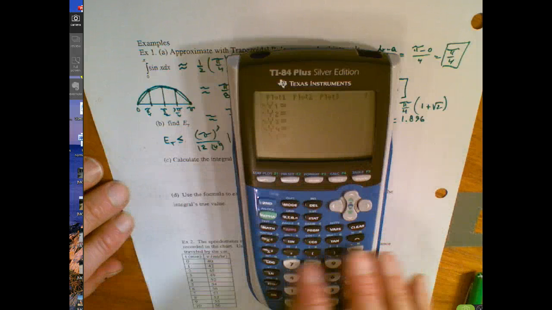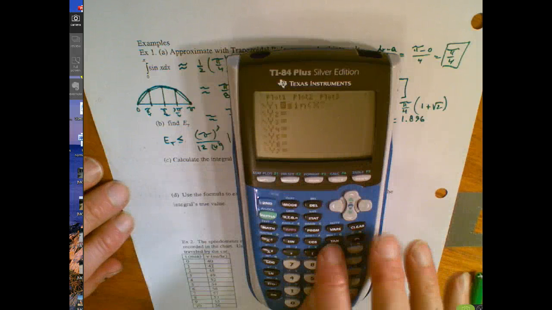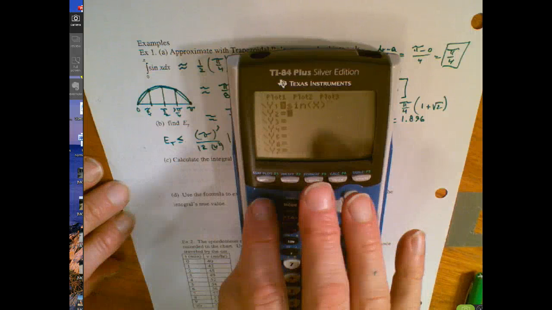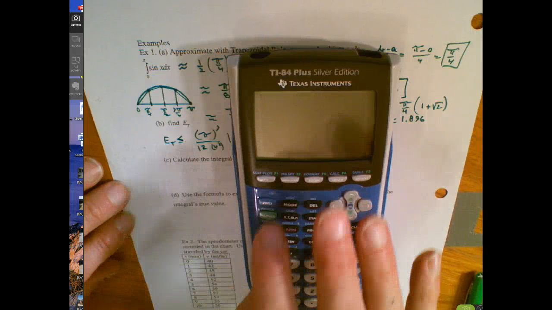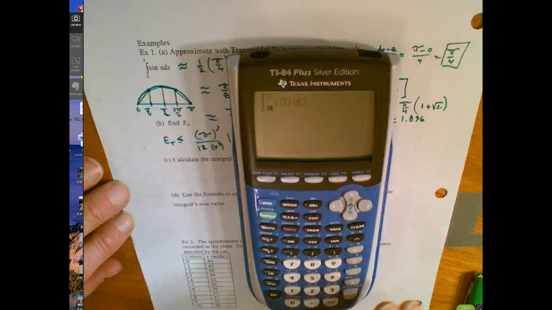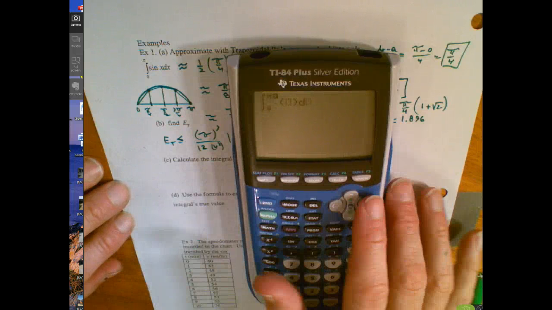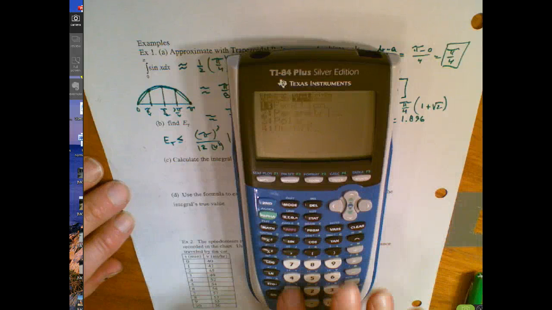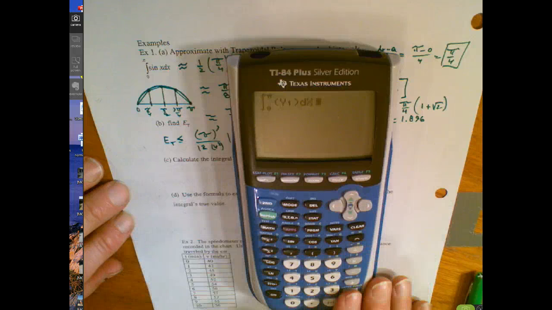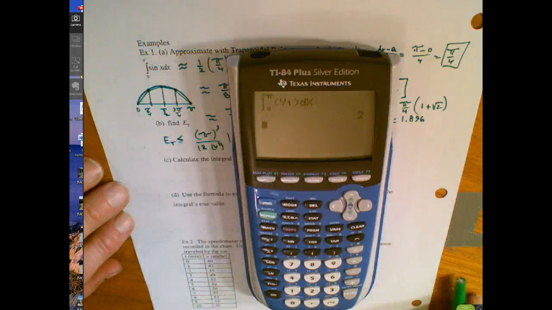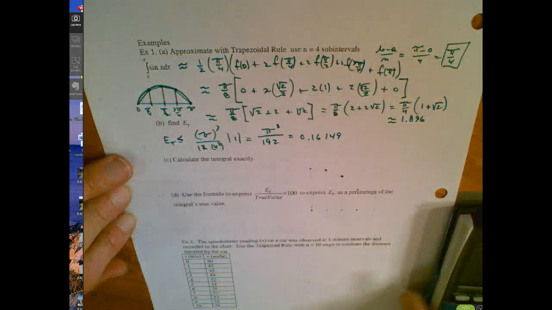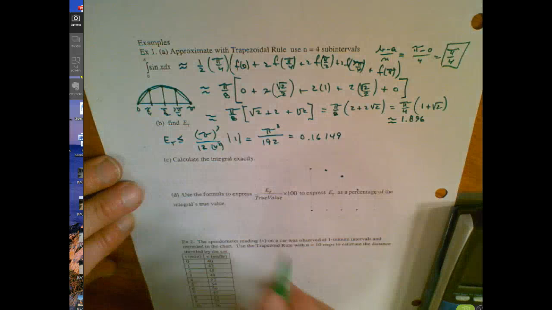In y1, I'm going to put my sine function. Then I'm going to quit, and I'm going to go math 9. I'm going to go from 0 to pi, and I'm going to do y1, and x for my variable of integration, and you notice I get 2 exactly from my calculator.